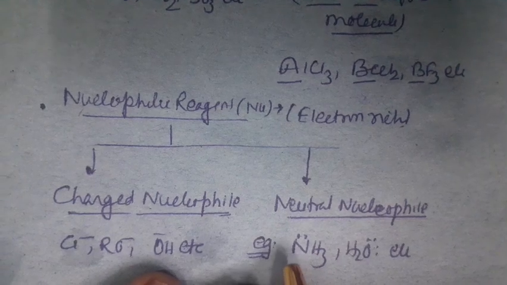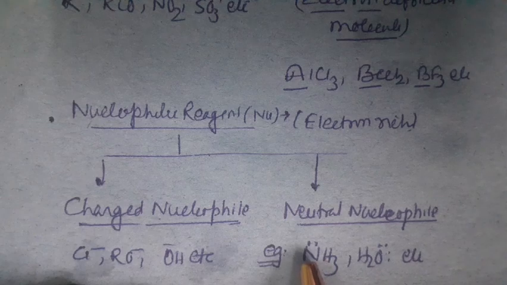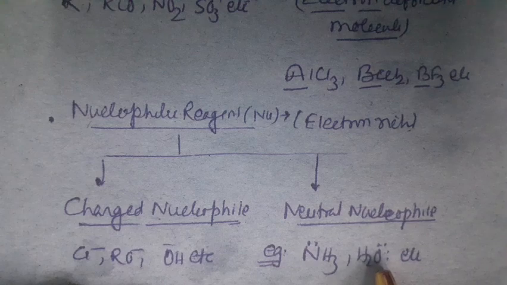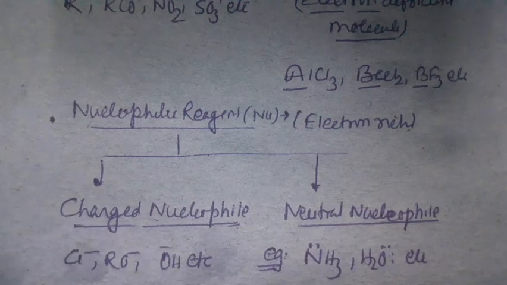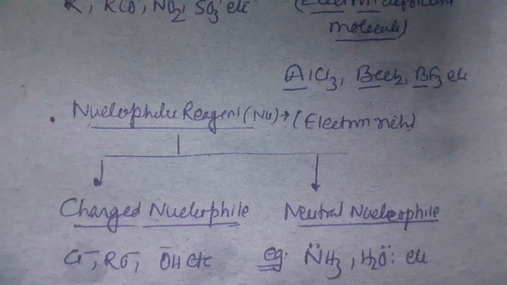Like in ammonia, nitrogen has one unshared pair of electrons. In water, the oxygen atom has two unshared pairs of electrons, which means these covalent molecules are electron rich and have a tendency to interact with the nucleus. So these are considered neutral nucleophiles.